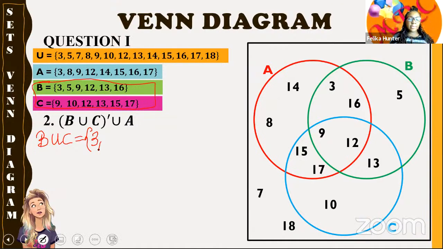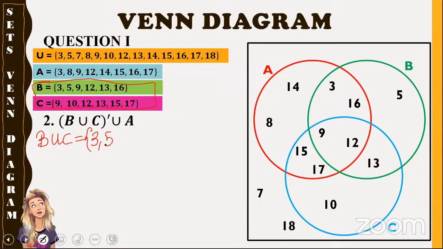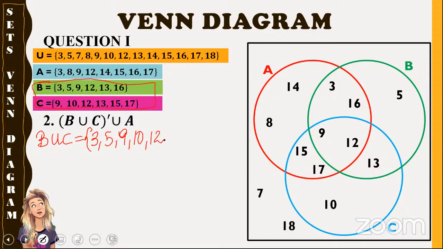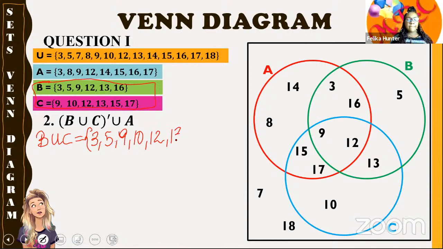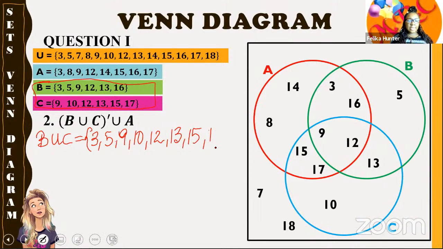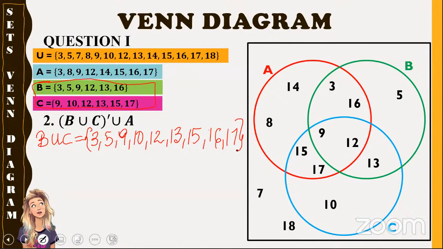Yes, that's okay, honey. 3, then 5, then 9, then 10, then 12, then 13, 15. We missed one before 16 and then 17. Oh, 16 is there. All right. So that's B union C, right?